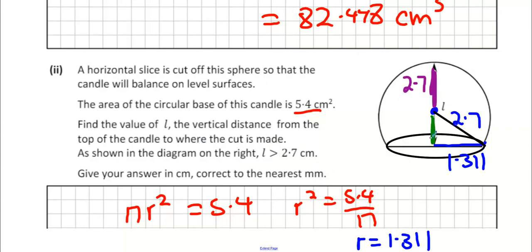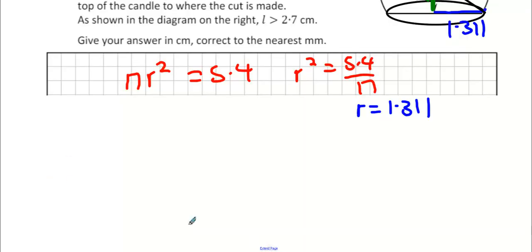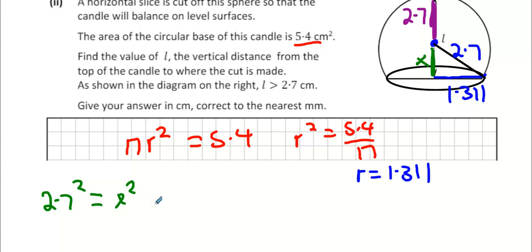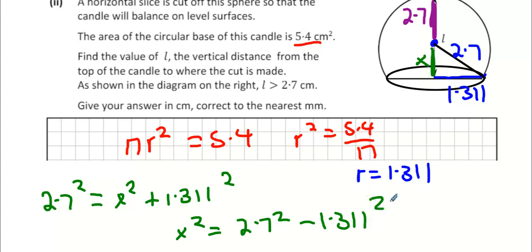And I think we're in business. That's a nice question. 2.7 squared equals x squared plus 1.311 squared. X squared equals 2.7 squared minus 1.311 squared.